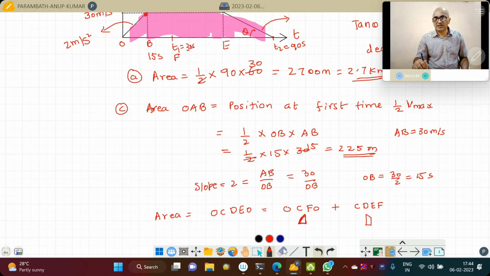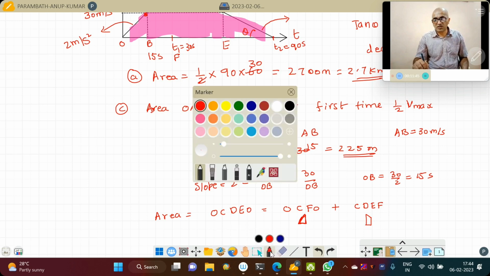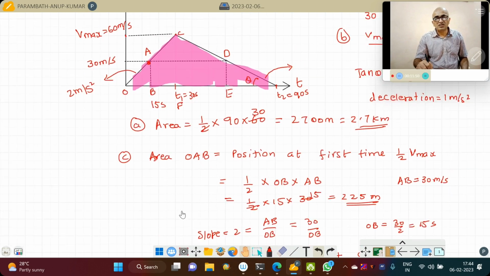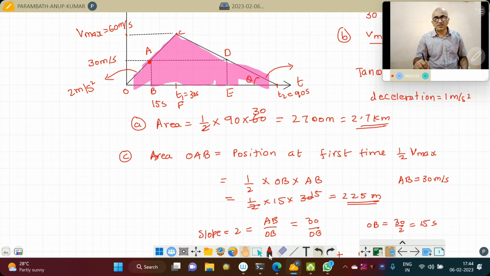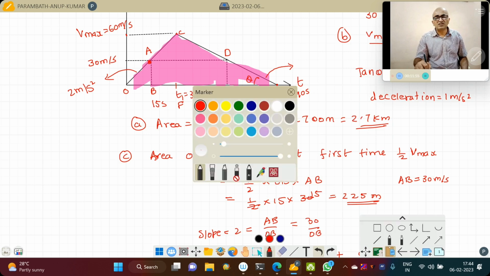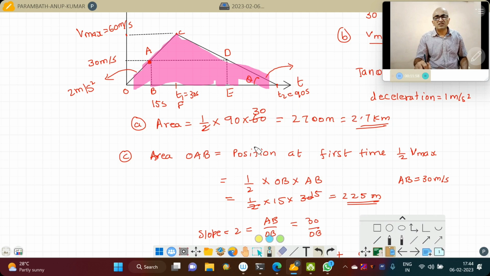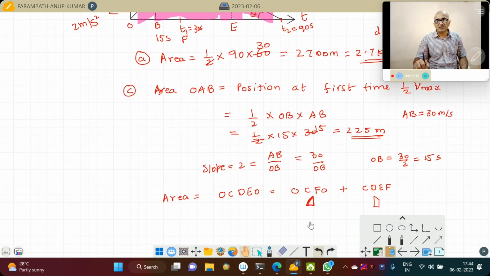I am making it again clear to you students that I am talking about this area first. With blue I am showing you this area first of all I am taking, and then this trapezium I am taking. That I have shown you by a small triangle and trapezium.